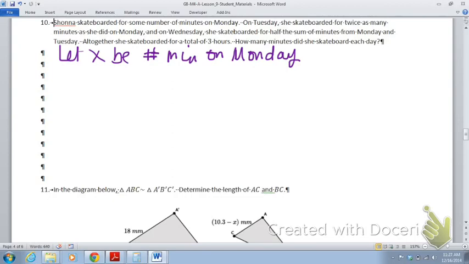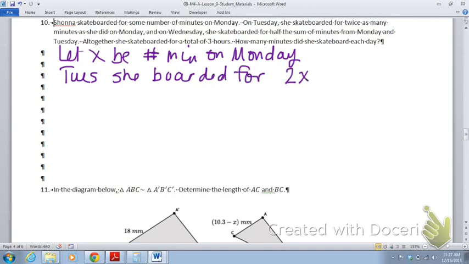All right, and then I can see that on Tuesday, she would have skateboarded twice as many minutes as she did on Monday. So Tuesday, she boarded for 2x minutes.